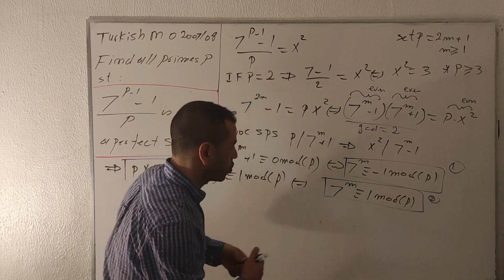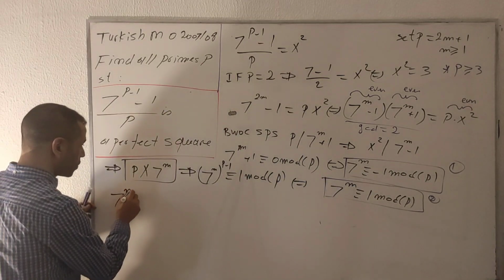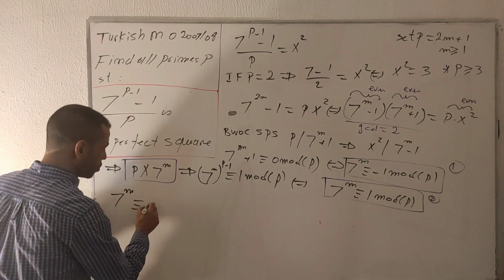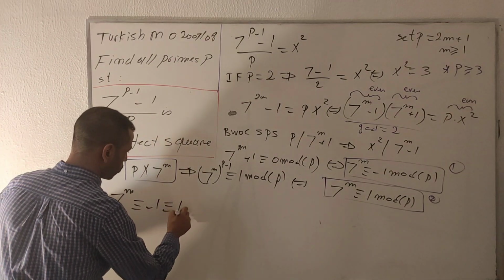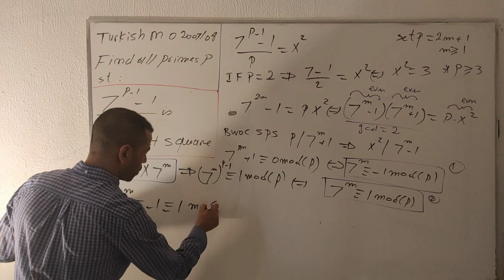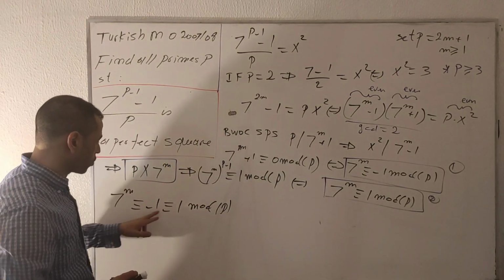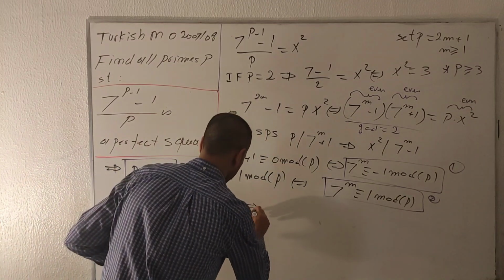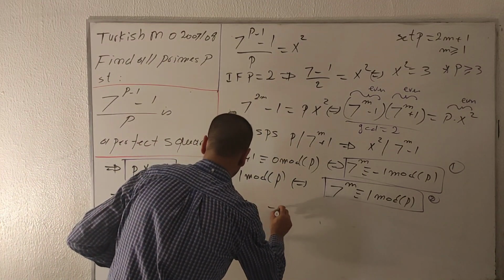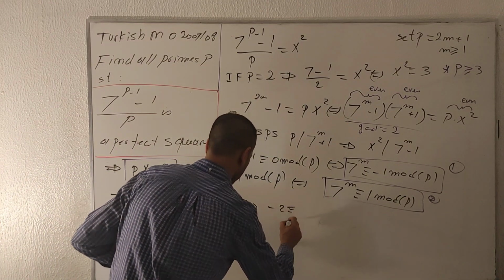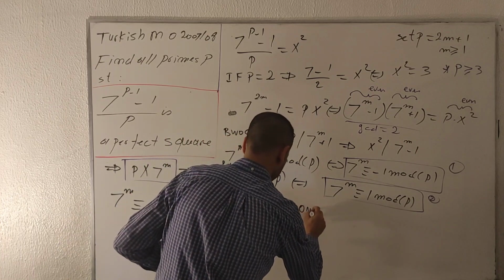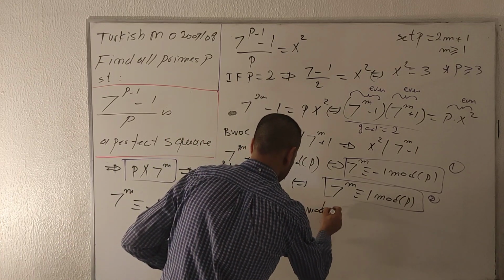Okay, so which means I will have 7 to the m is congruent to minus 1 is congruent to 1 mod p, like this. By taking this number 1 to the left, I get minus 2 is congruent to 0 mod p.